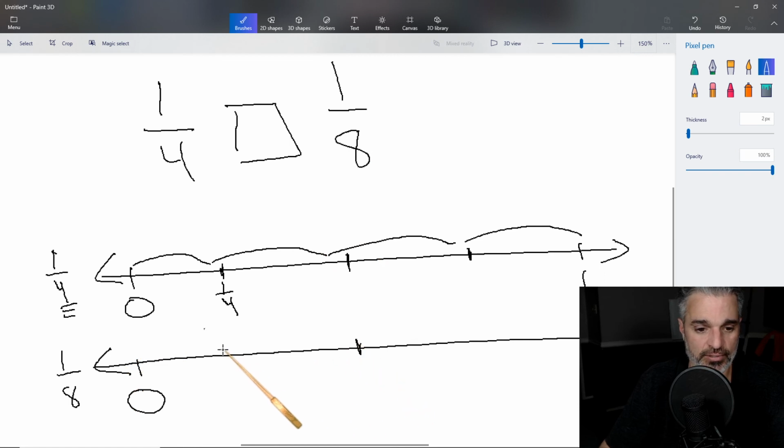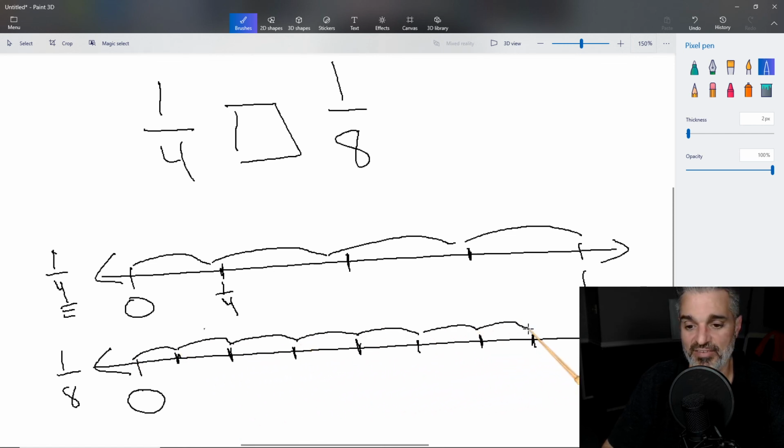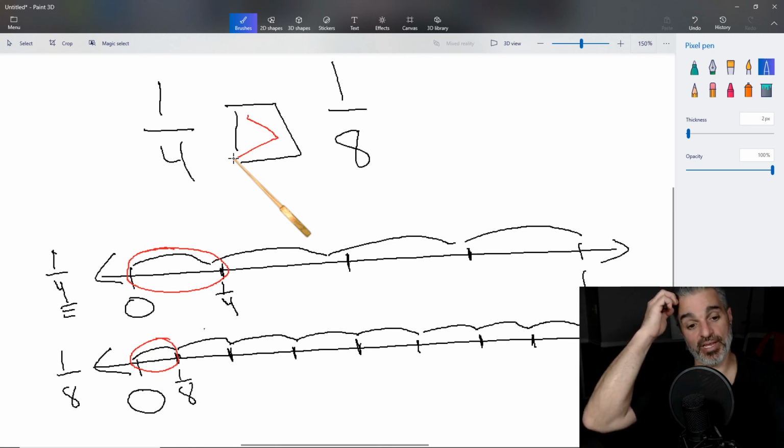So I start doing the same. I have 4, but now I'm gonna split this into 2, 2, 2, and 2. And let's see how many parts do I have. 1, 2, 3, 4, 5, 6, 7, and 8. So I can draw 1/8 right here. And here I can see that 1/4 is bigger than 1/8. So 1/4 is bigger than 1/8.